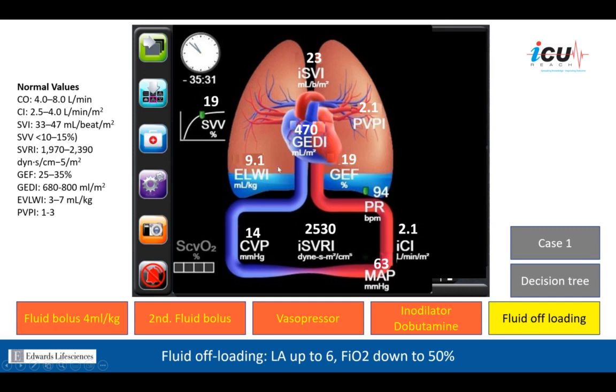You're going to worsen his preload numbers, and you can see here the stroke volume is now 19. The stroke volume index is still decreased, and the global end diastolic index is decreased. Look at the contractility, it got worse. The global ejection fraction is now 19%.